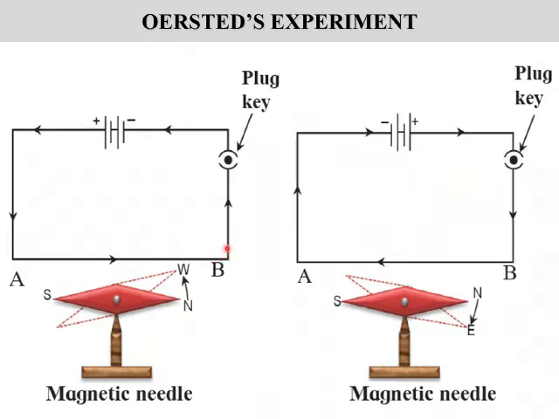He observed that when he passed the electric current, the freely suspended magnetic needle got deflected. So you can see the deflection of the magnetic needle which has taken place. This was the original position, north-south direction. But now, on passing electric current, the magnetic needle got displaced and it moved in a certain direction.